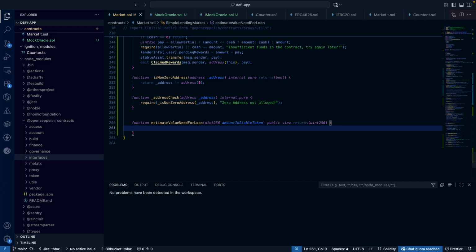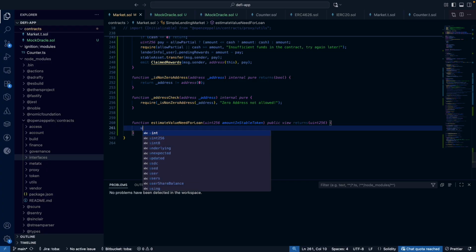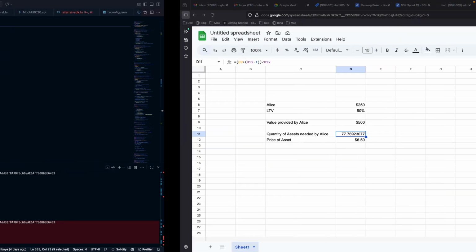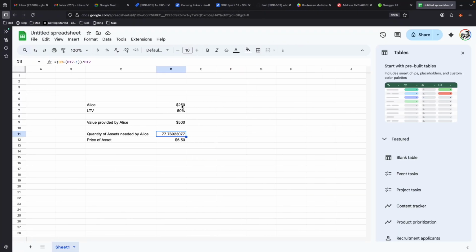Now, when a person is trying to estimate the amount needed, we need to do something like uint256 value is equal to, remember what we did here, 250 divided by the loan to value.